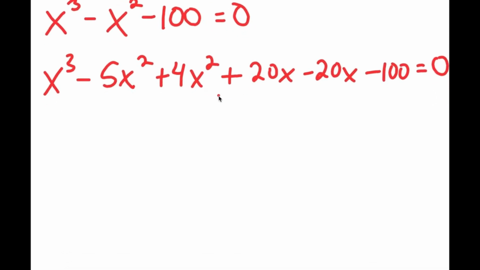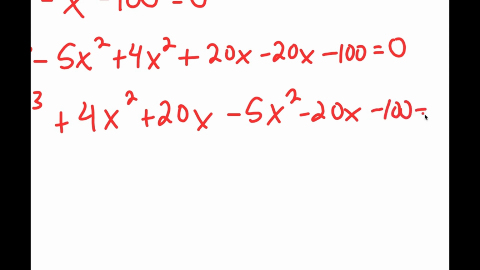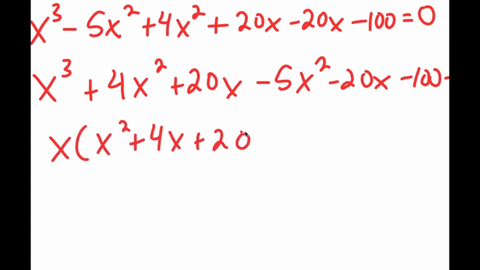So now from here, I can reorder this and make this equal to x to the power of 3 plus 4x squared plus 20x minus 5x squared minus 20x minus 100 equals 0. So now I can factor this much simpler. From x to the power of 3 plus 4x squared plus 20x, I can factor out x, so I get x times x squared plus 4x plus 20.